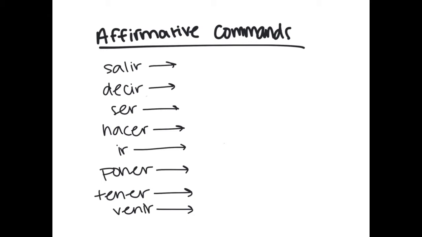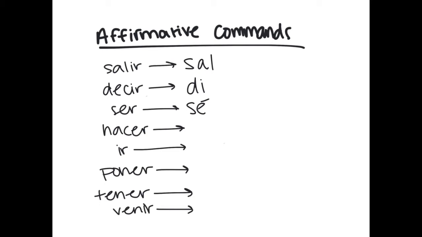So salir means to leave. If you want to tell someone leave, you're going to say sal. Decir is to tell. If you want to tell someone tell, you would say di. Ser, like be something, when you're commanding that, you want to say sé with that accent over the e.